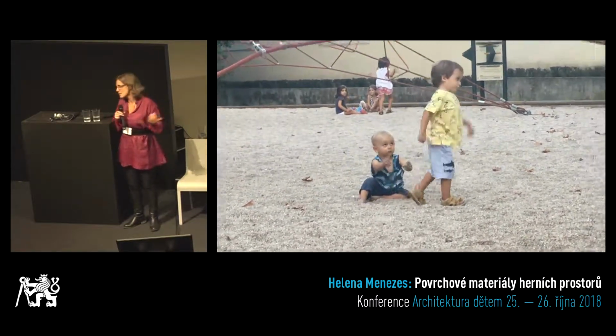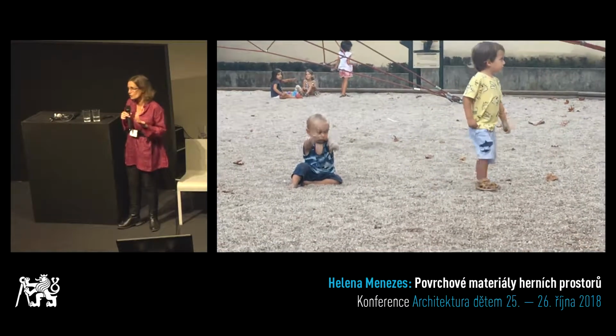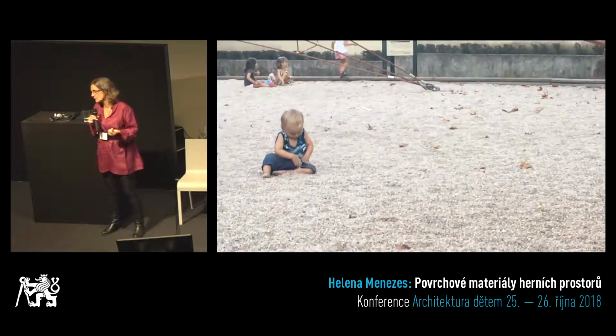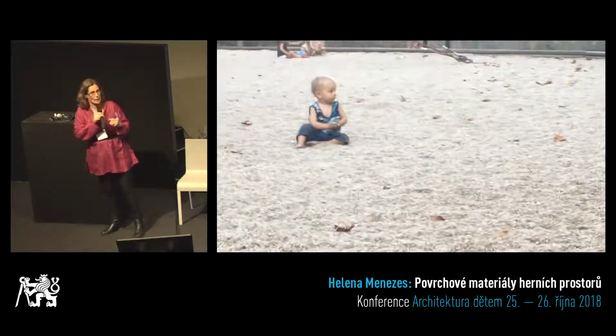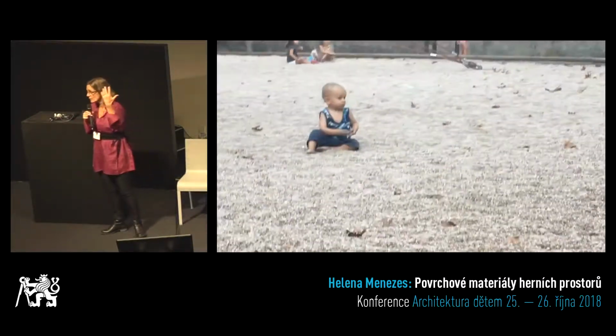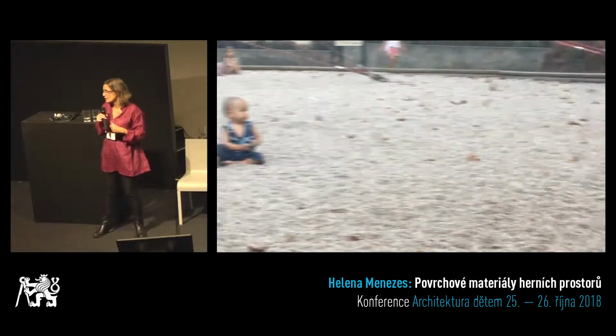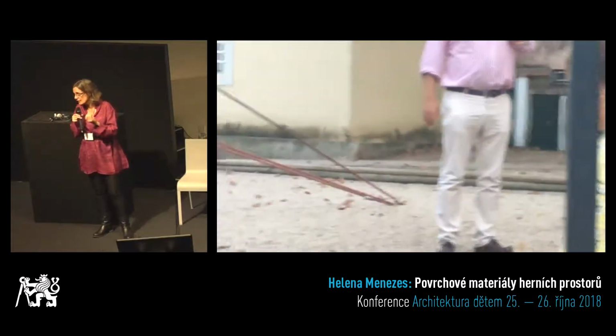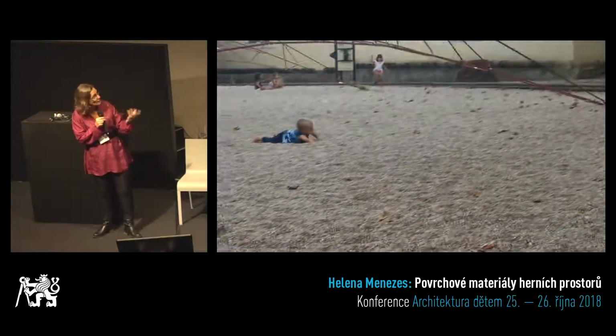But there are many, many other criteria, and much more important criteria, that you should take into account when you're choosing the type of material. Not only how it integrates into the environment that you have, but most of all, and we are talking about children, the play value, how versatile it is.